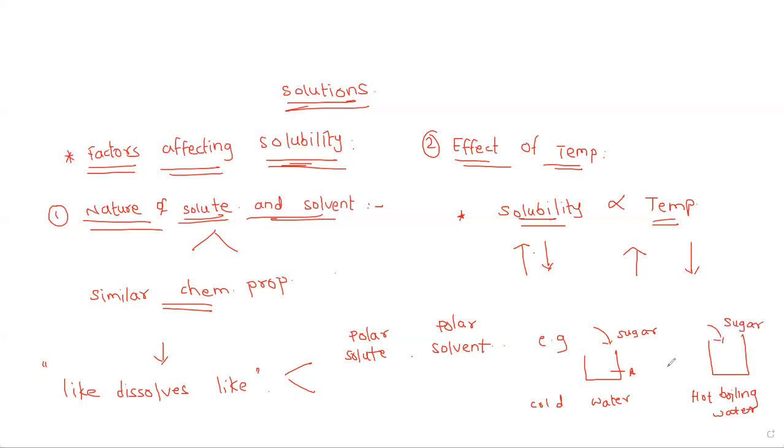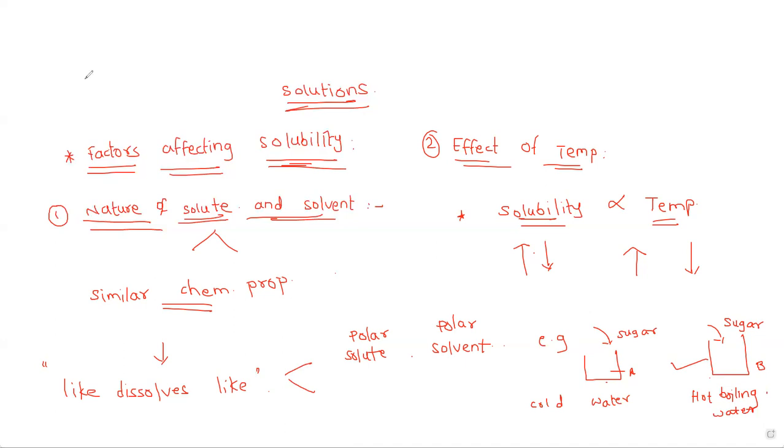Now the solubility for container B will be high, as the temperature of this water is also high. So solubility of sugar in this hot boiling water will be high as compared to solubility of the sugar in this cold water.